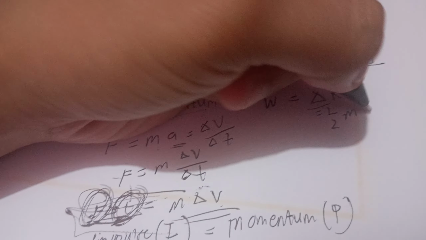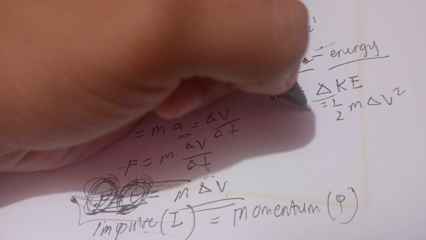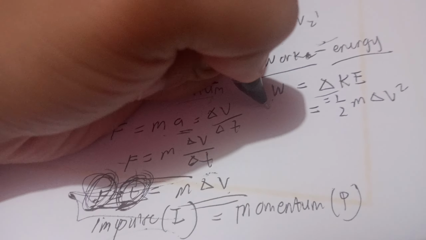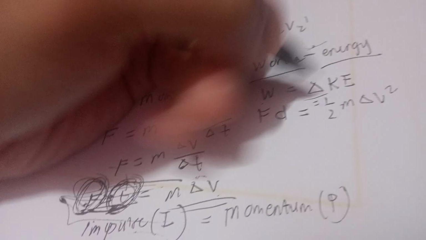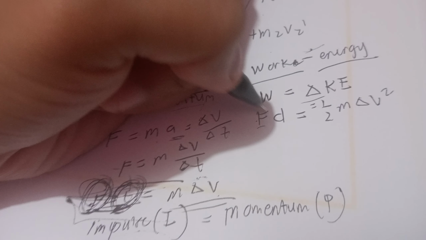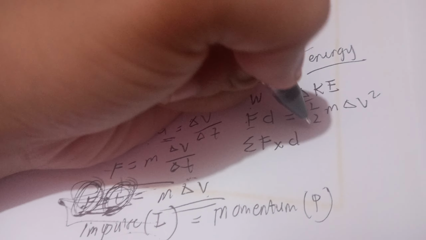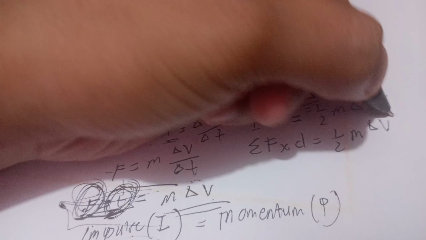Dahil change to, change in velocity lang naman yan. Then equal siya saan? Sa work. Ano yung work? Force times the distance. So yan lang yun. Ang force is a net force. Means the summation of forces times d equals 1/2 m times change in velocity squared.